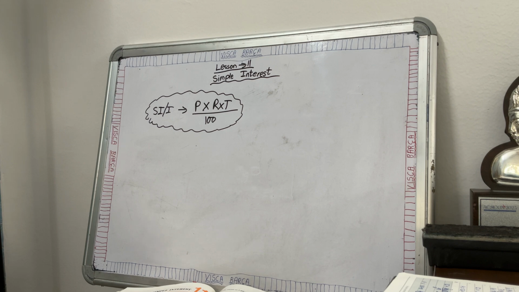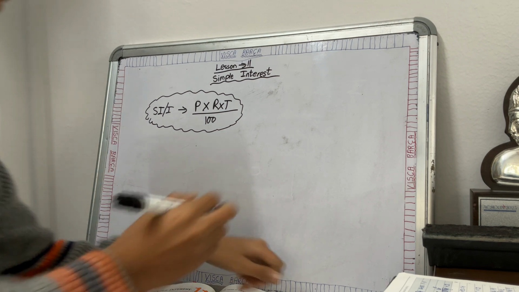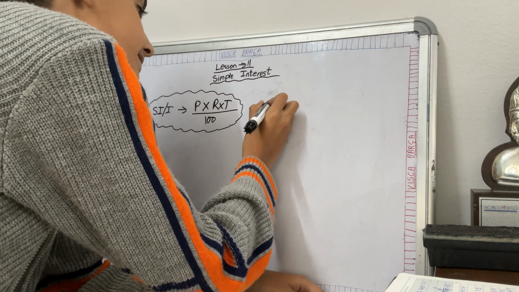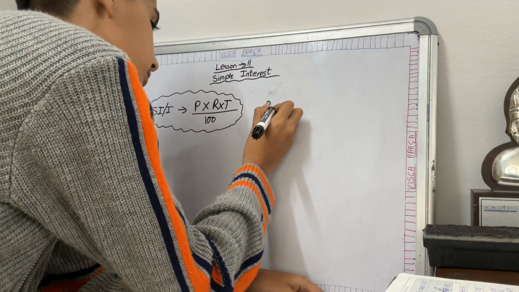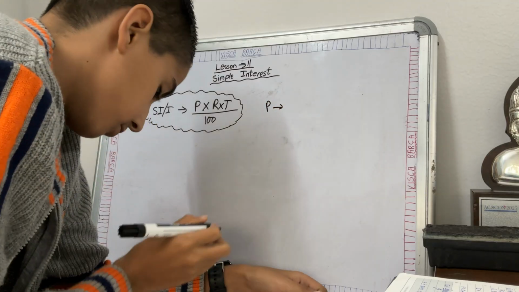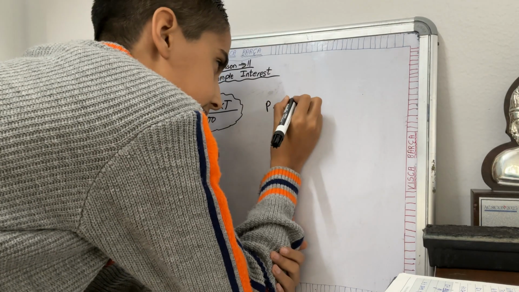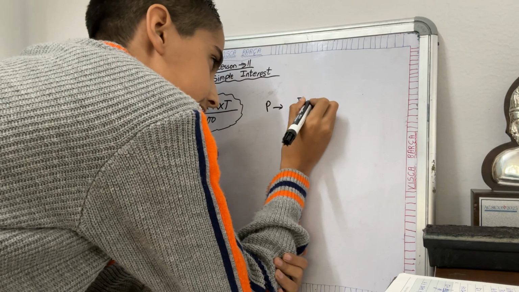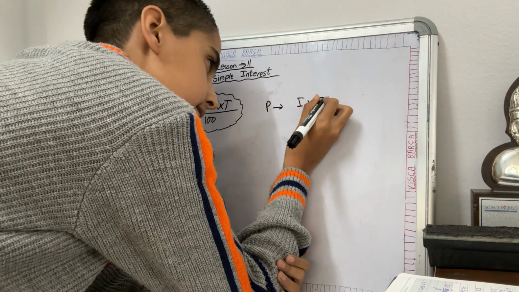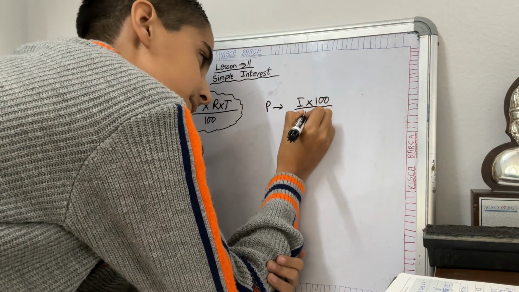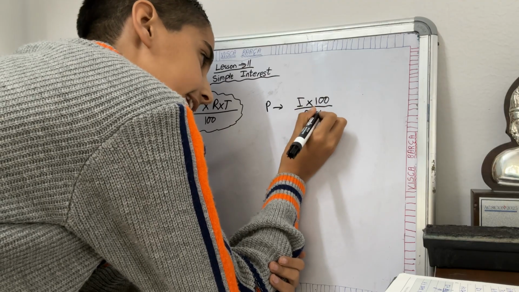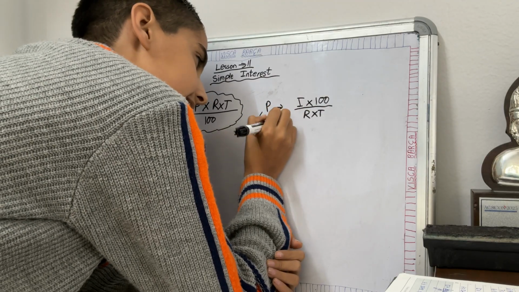Now, the formula for P, which is principal amount. P is interest into 100 upon R into T. R is rate.